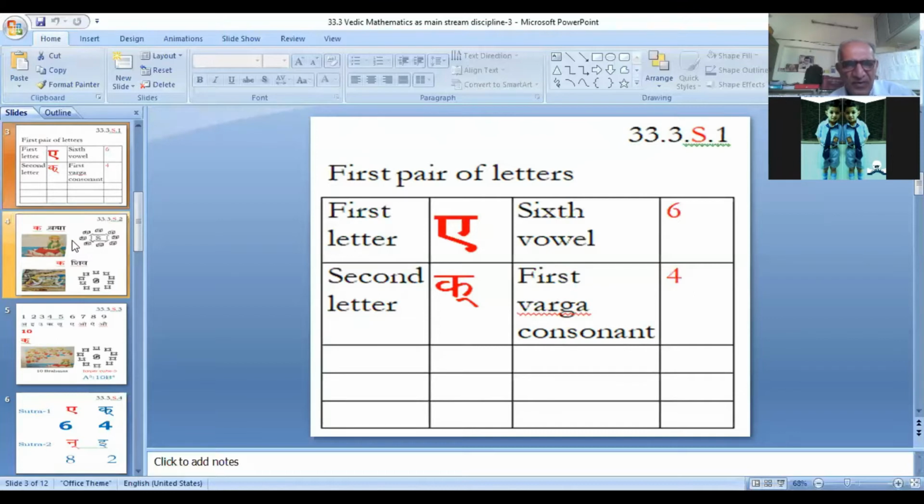The second letter is Ka. It is of the 10th placement, and it is this placement of Ka which will help us appreciate the interrelationship of the first letter and the second letter.